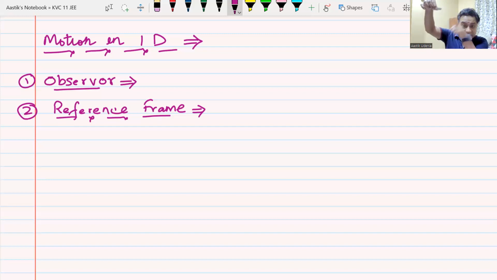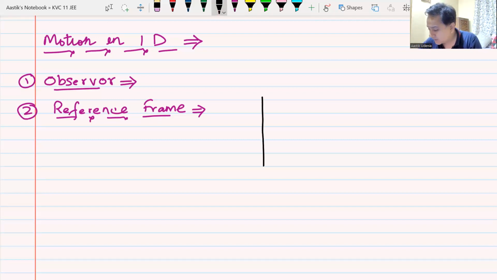Where? Here. I can't say it here like this. No, pointing an arrow like this will not make much sense. This rubber is here. This eraser is here. That does not make any sense unless and until I have a zero, a reference point. Yes or no? I must have a reference point so that I can refer to things with respect to that reference point.